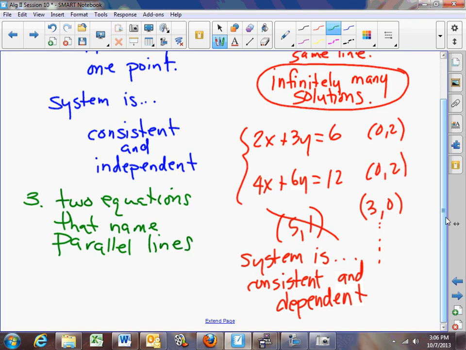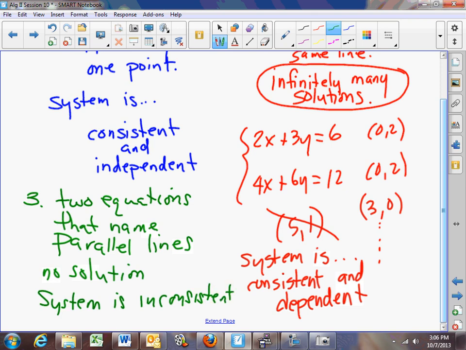Now, when you have two equations that name parallel lines, there is no solution because the lines don't ever meet. That's the definition of parallel lines. And when that happens, we just say the system is inconsistent. That's another way of saying that there isn't a solution.